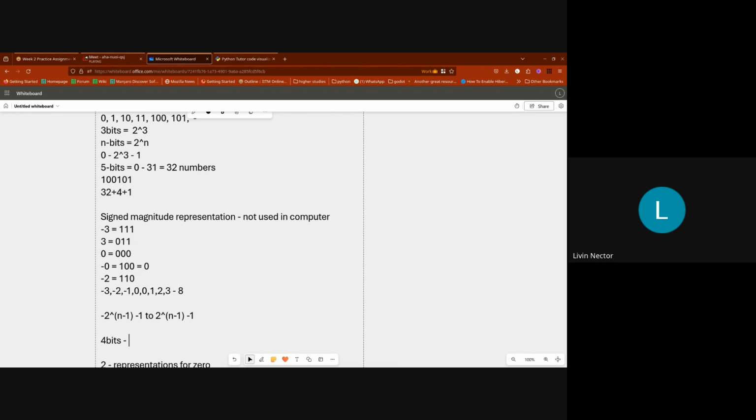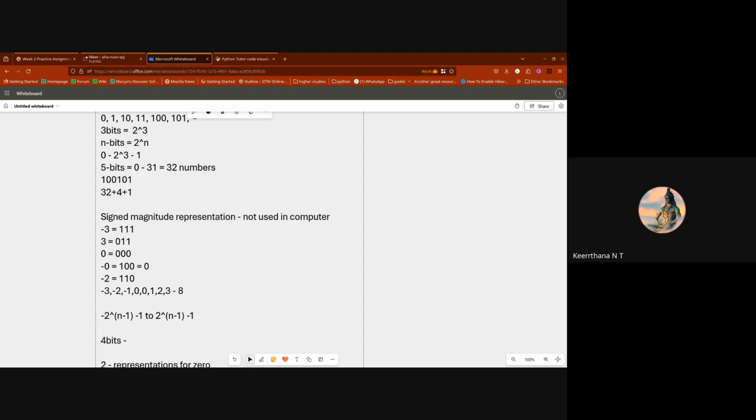How minus 32? 4 bits are there, 1 bit will be used for sign, and then 3 bits will be there. 4 minus 1 is 3. So minus 2 to the power 3. 2 to the power 3 is only 8. Sorry, minus 8 to plus 8.